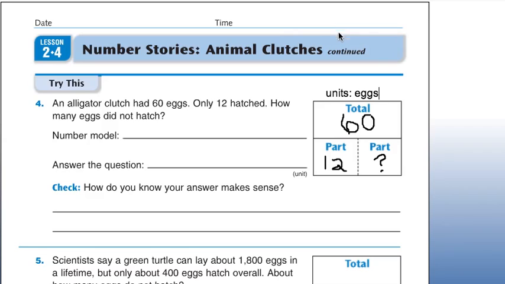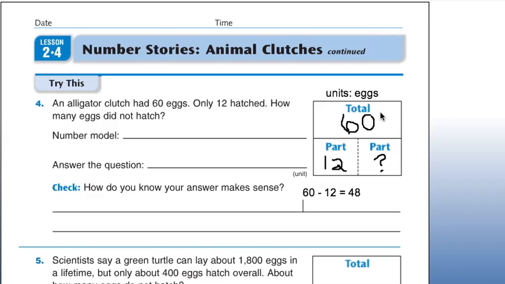I have a couple methods for you, and since we have a total and we have one part, I know that we could do 60 minus 12 to give us an answer. So I'm going to write down over here if I can. One way you could do this is 60 minus 12, and that would be equal to 48 eggs.